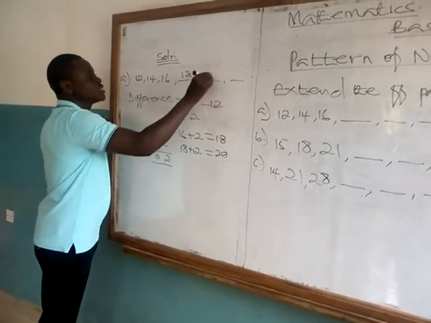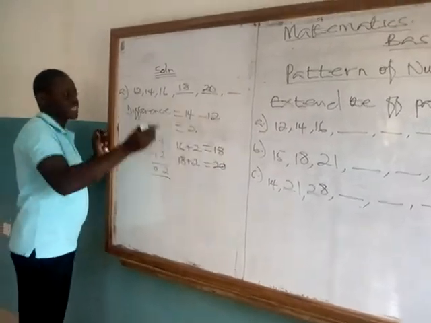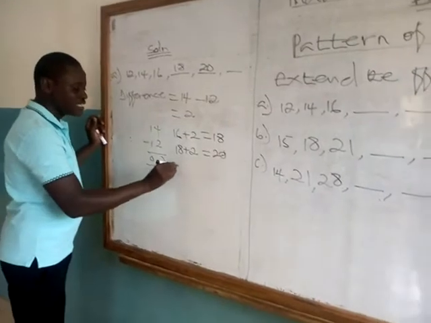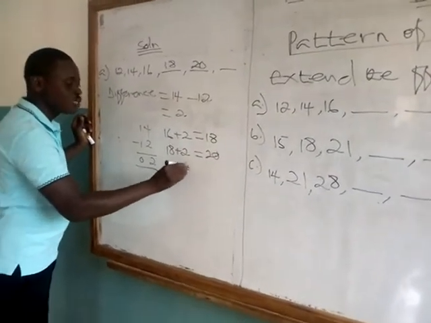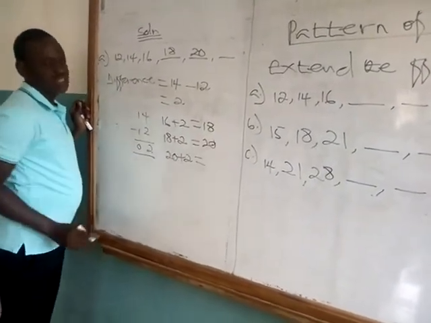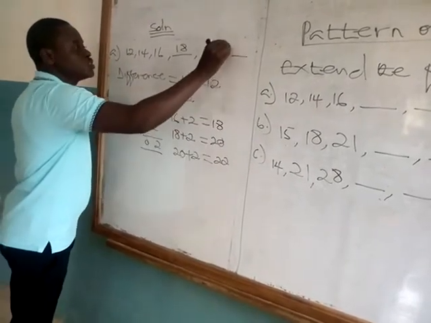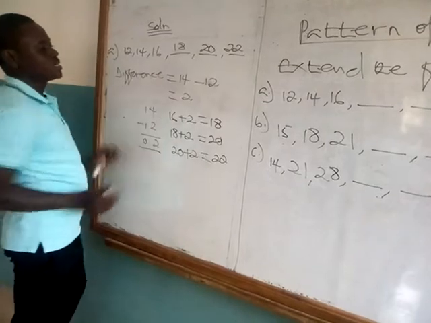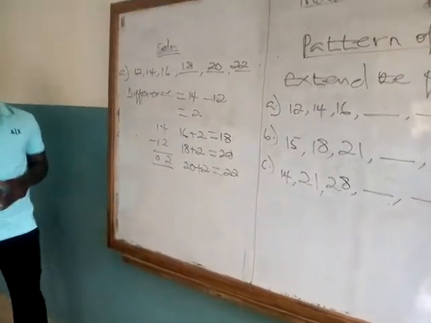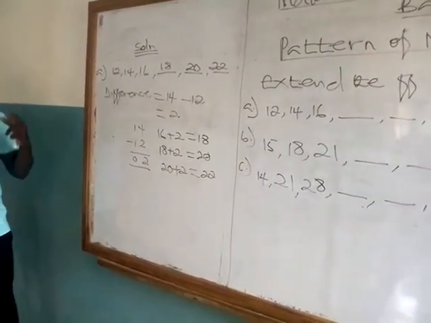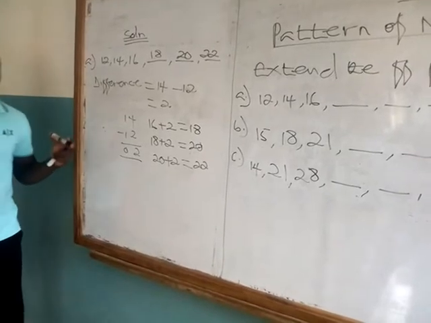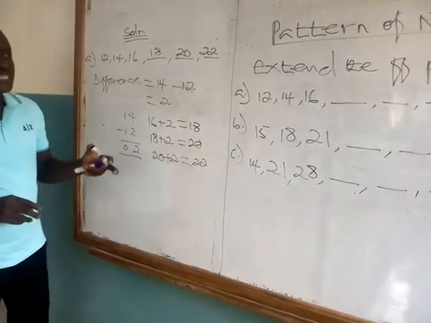So 20 will be here. The next digit will be determined by adding the common difference 2 to 20. The difference plus 20 will give us 22. And so 22 will be there. So this is how we solve questions that demand that we extend a pattern.